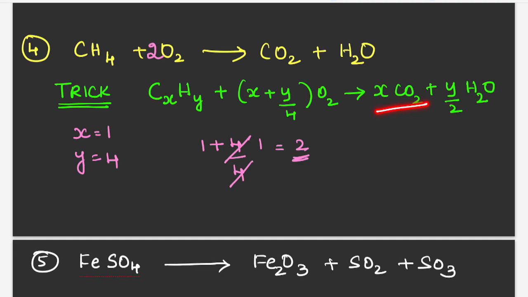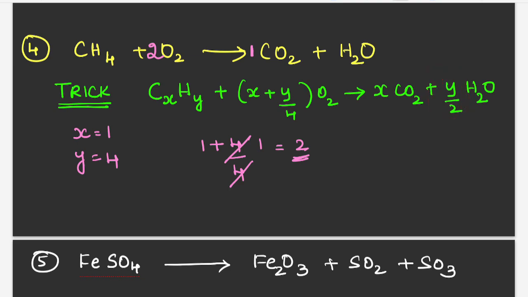Next, we have to balance carbon dioxide. To balance carbon dioxide, we write the x value. x value is 1. Therefore I'll write 1 here, or it is understood that even if you don't write 1, it is 1 carbon dioxide. How to balance water? To balance water, we write y by 2.